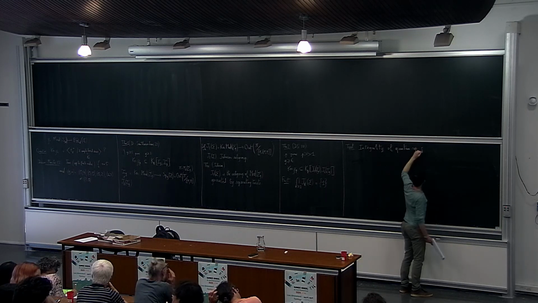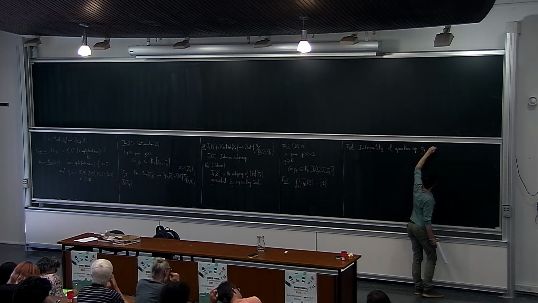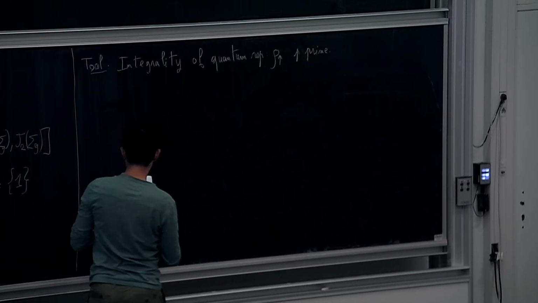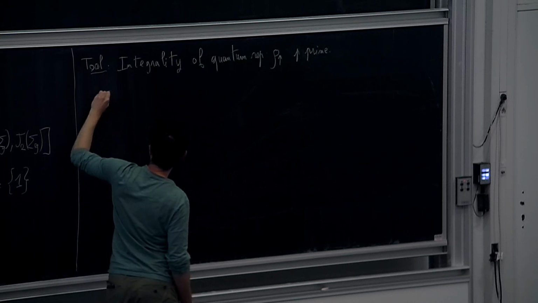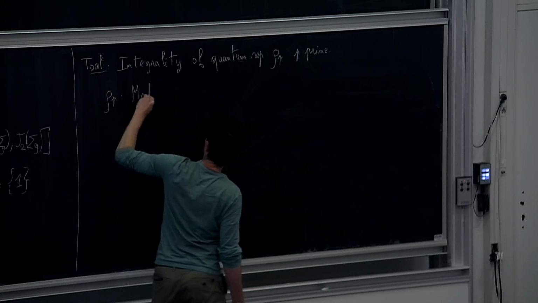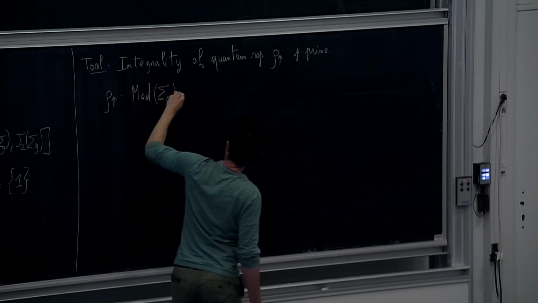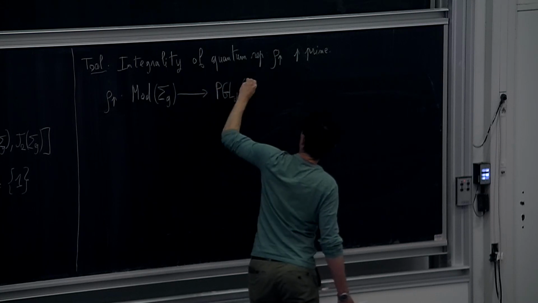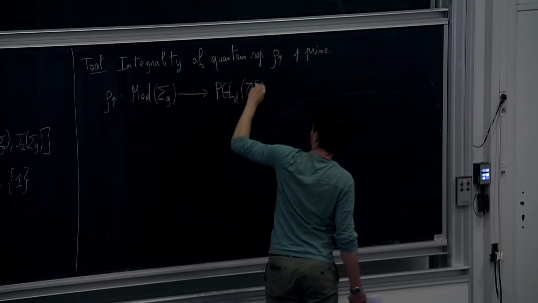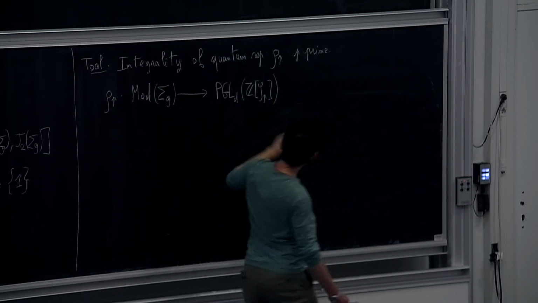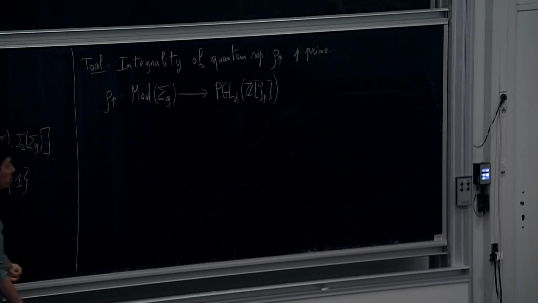For p prime, we have that rho p can actually be thought of as a map from the mapping class group of sigma g to the automorphisms of the general linear group with coefficients in the cyclotomic ring, replacing Q of zeta p by Z of zeta p.